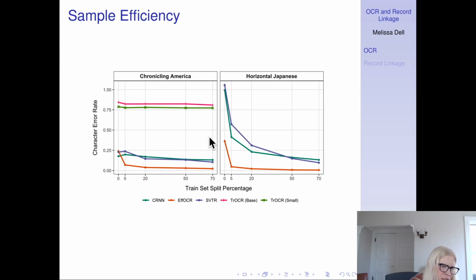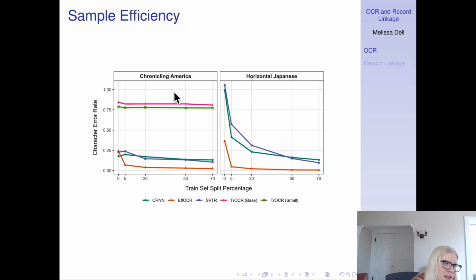Everywhere, it's doing better, or at worst, similar to the other architectures. So this shows that EffOCR is really able to learn more efficiently. In particular, it's learning way more efficiently than a sequence-to-sequence transformer model.